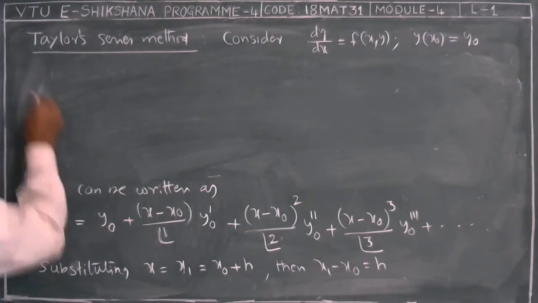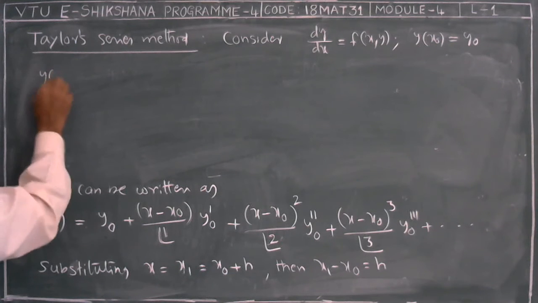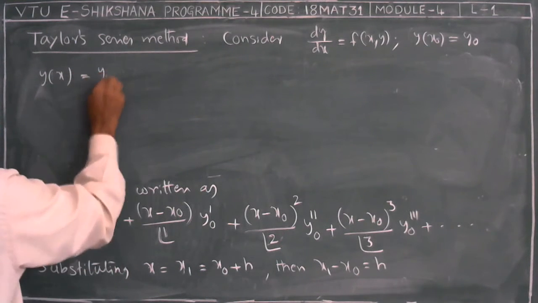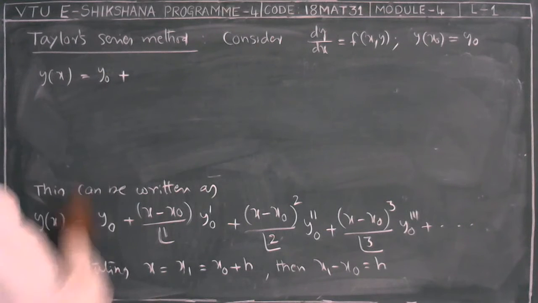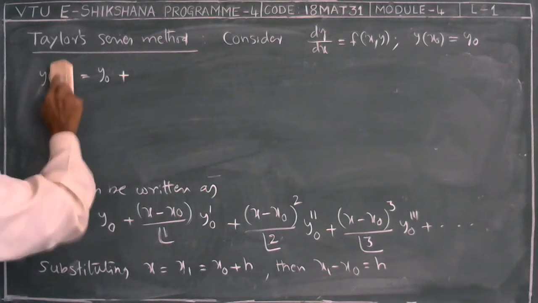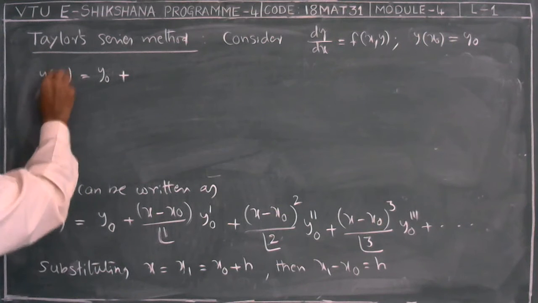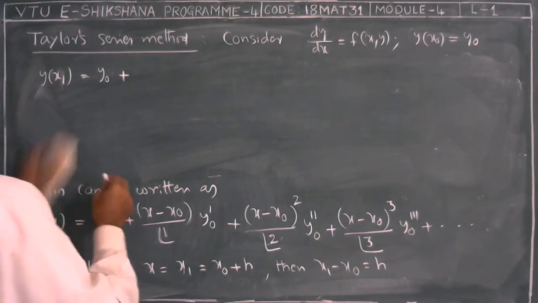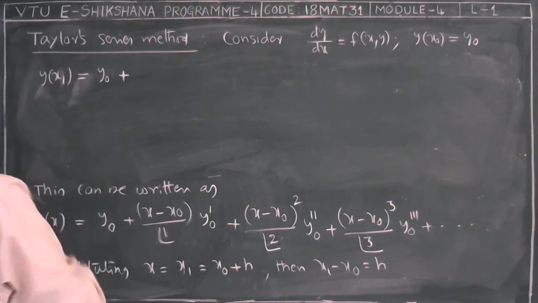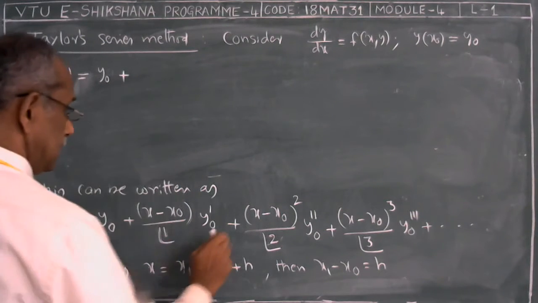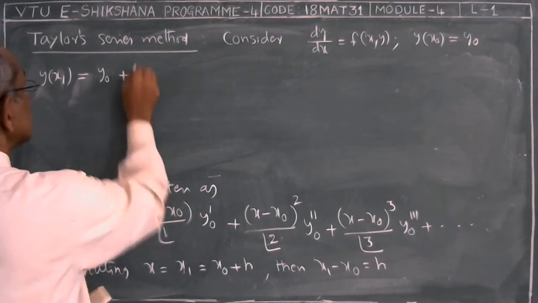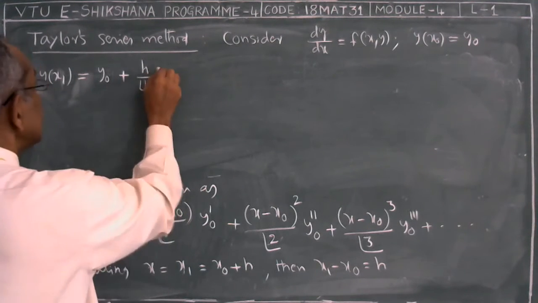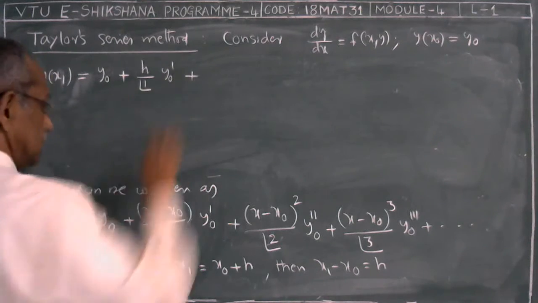So then y of x, when x is x1, y of x1 is equal to y naught plus (x1 minus x naught, which is h) divided by factorial 1 into y naught dash.